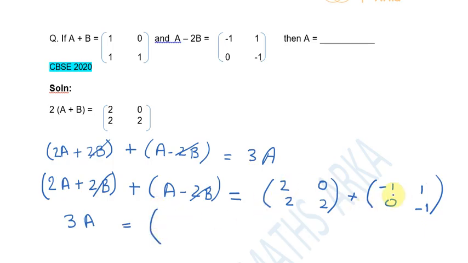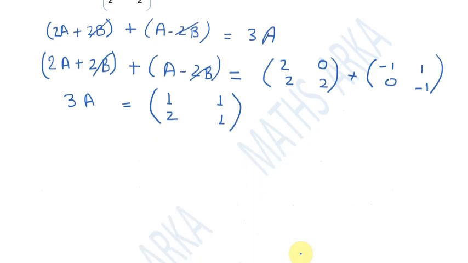Corresponding elements would get added. 2 minus 1 is 1, 0 plus 1 is 1, 2 plus 0 is 2, and 2 minus 1 is 1. So what we got is 3a is equal to 1 1 2 1.